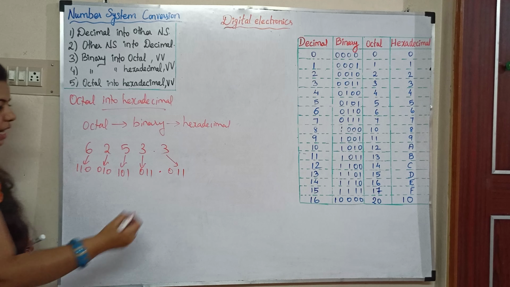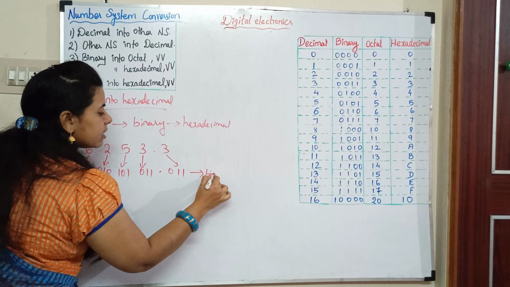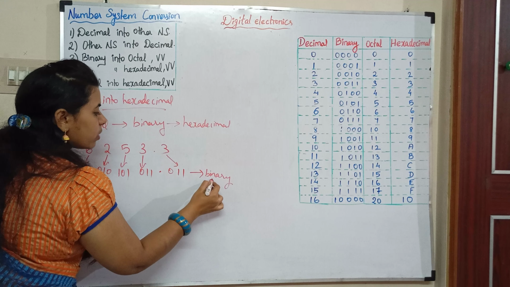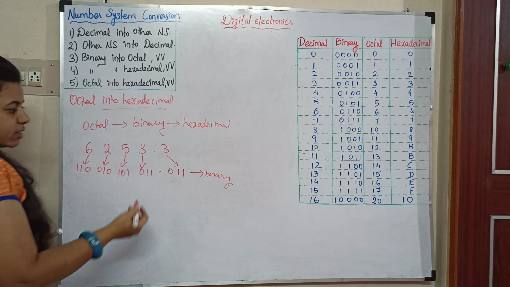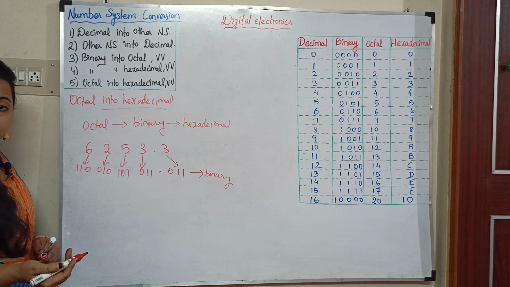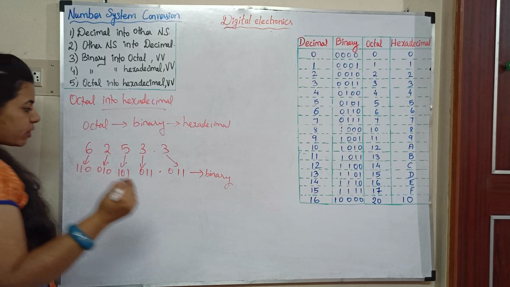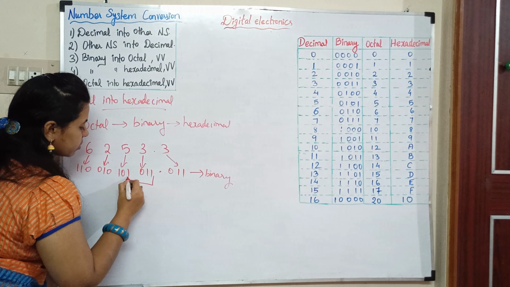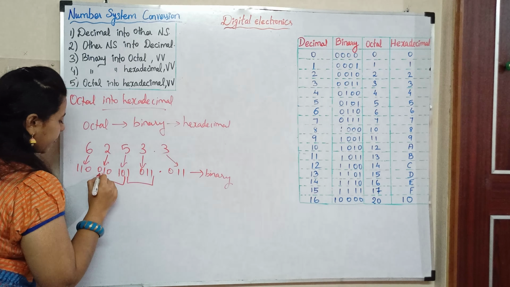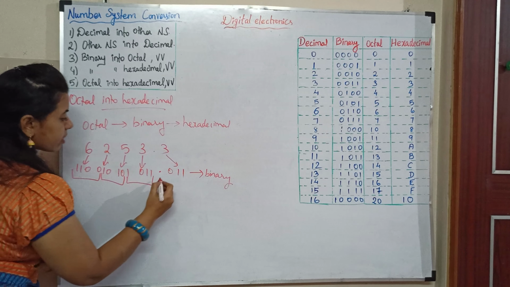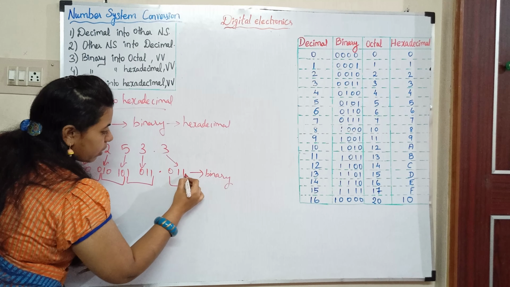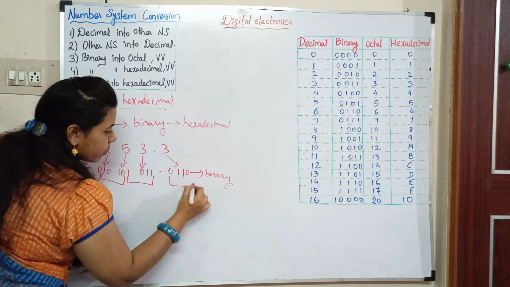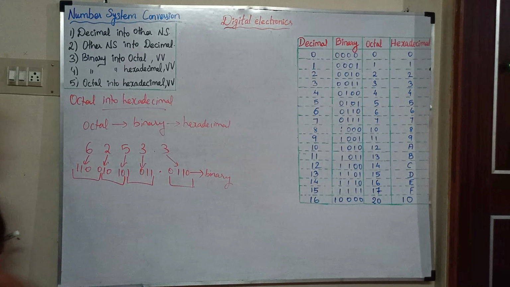So now you have to convert this binary into hexadecimal. Okay. So how to convert binary into hexadecimal? You have to group 4 bits. Okay. So do the grouping. Here you have only 3 bits. So add one more 0. So now tell the value.